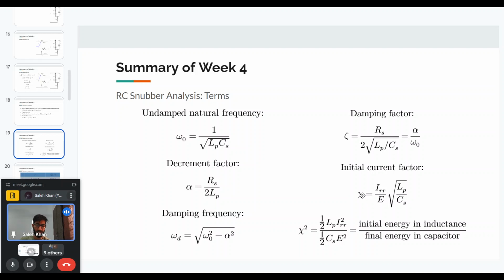And then once we know a particular value of this, we can find CS and RS based on these. And just to note that this chi square is equal to the initial current energy in the inductance divided by the final energy in the capacitance.